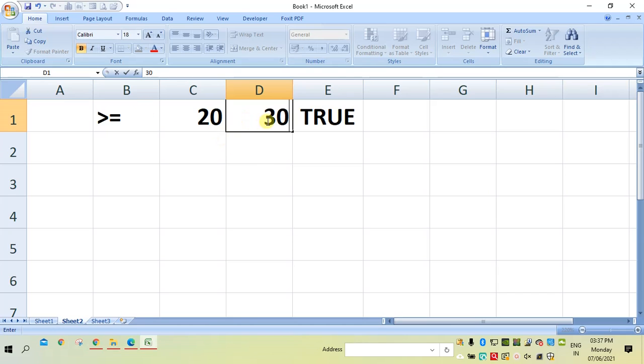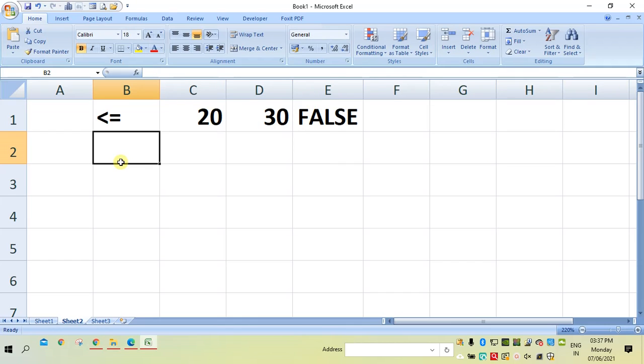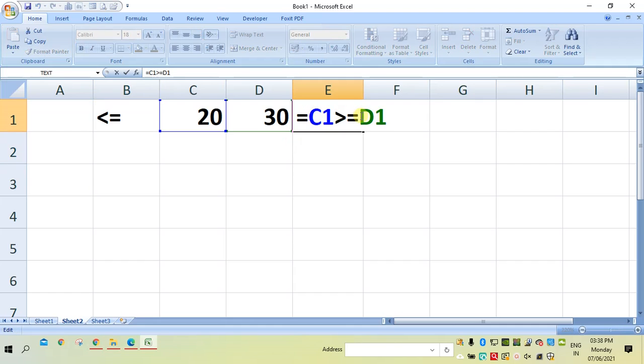Next is smaller than or equal to. It is the reverse of greater than or equal to. It is checking smaller than or smaller than or equal to.